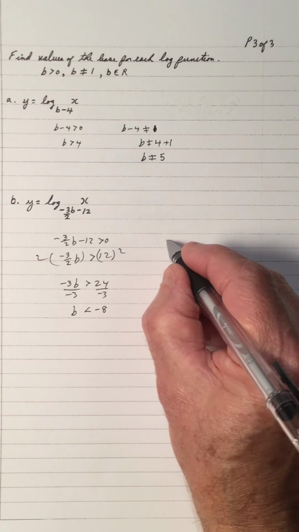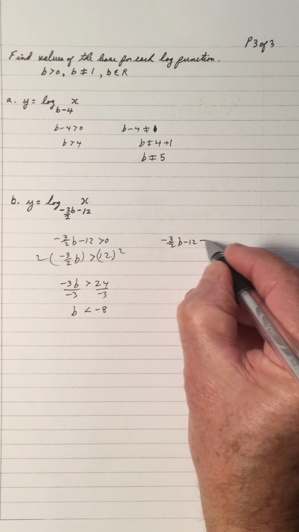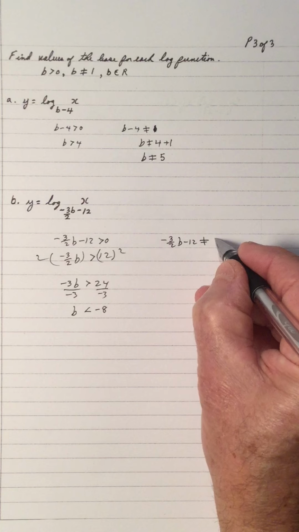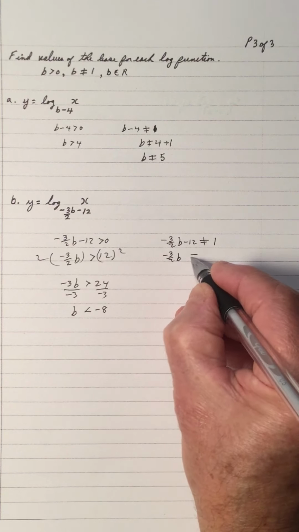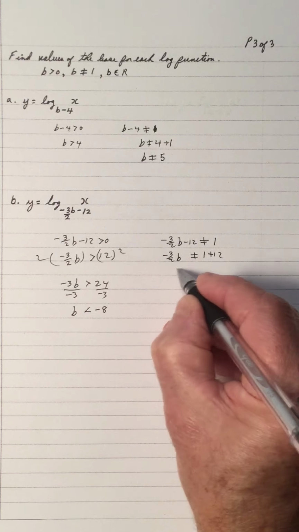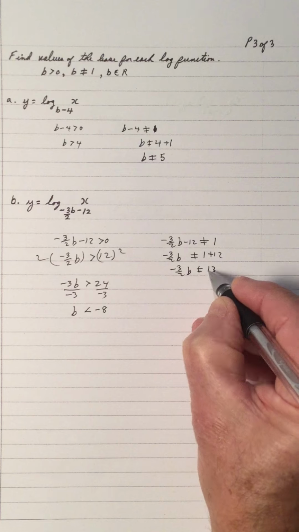And we also have negative 2/3 b minus 12 cannot be 1. So negative 2/3 b cannot be 1 plus 12. Negative 2/3 b cannot be 13.